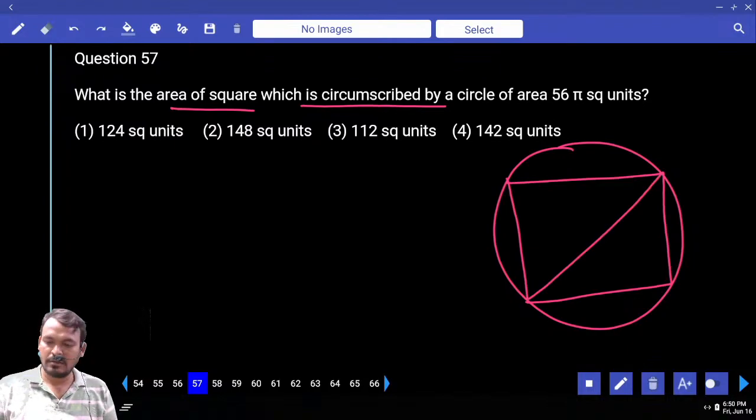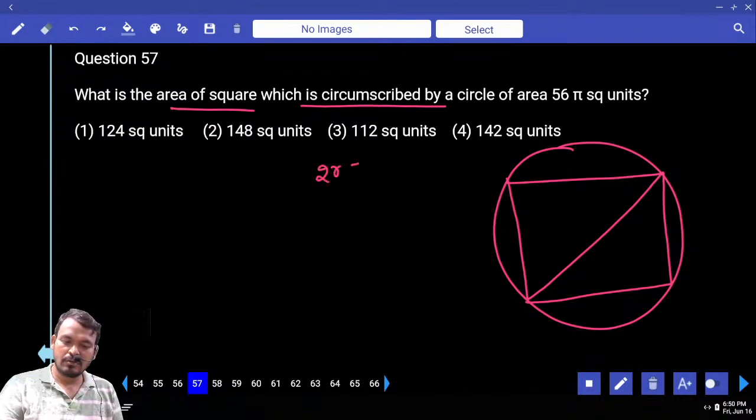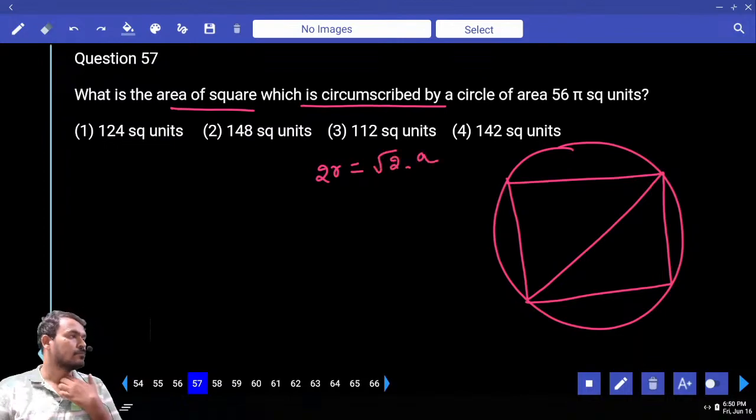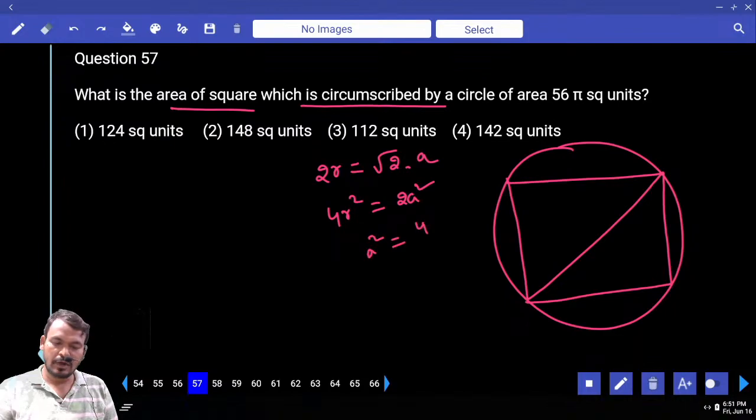Diameter of the circle. What is the diameter of a circle? 2r. What is the diagonal of a square? Root 2 into a. Okay, and squaring on both sides, 4r square equal to 2a square. Then a square equal to 4r square by 2, nothing but 2r square.